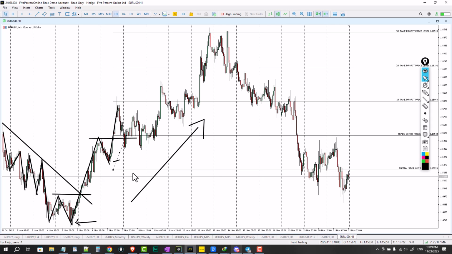So this would be the wise thing to do, because if price was able to break below this low, then we are no longer forming higher highs and higher lows, which will be a valid case for us to say that we are no longer in an uptrend, even if that is just temporary.